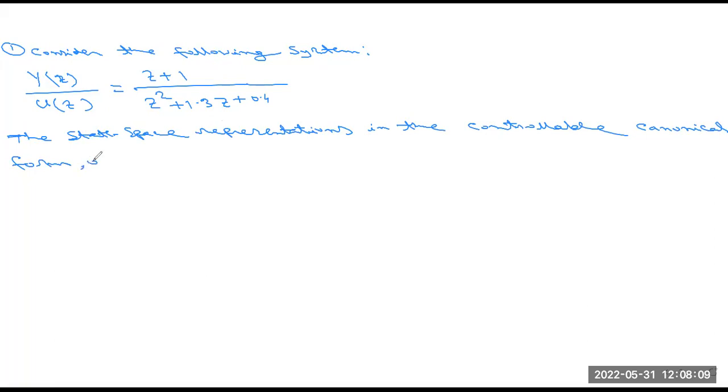the observable canonical form, and the diagonal canonical form.